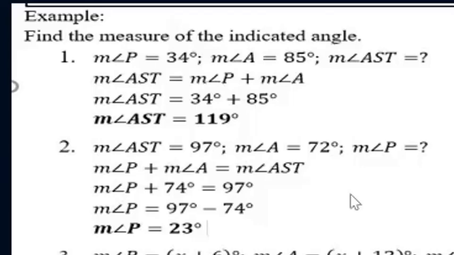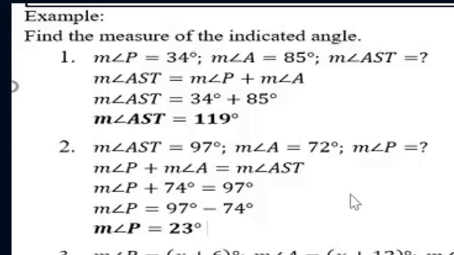So the measure of angle AST is equal to the measure of angle P plus the measure of angle A. It is proved by the exterior angle theorem. Therefore, if the measure of angle P is 34 and the measure of angle A is 85, let us add the two. We have 119 degrees.